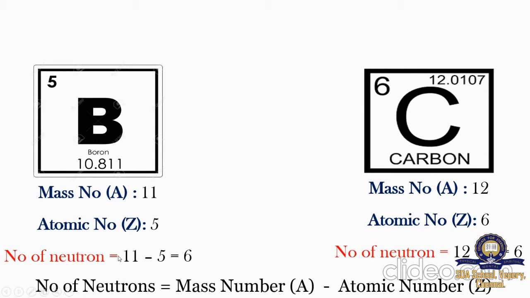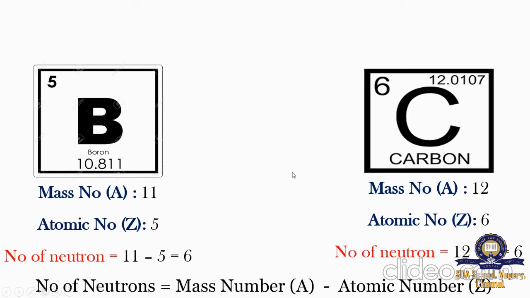So when we calculate the number of neutrons, we substitute into this formula: mass number minus atomic number gives the number of neutrons, right? When you subtract, we get 6 for both boron and carbon.